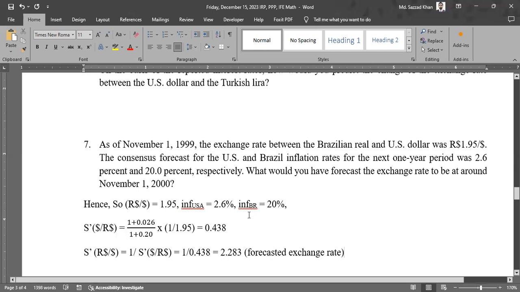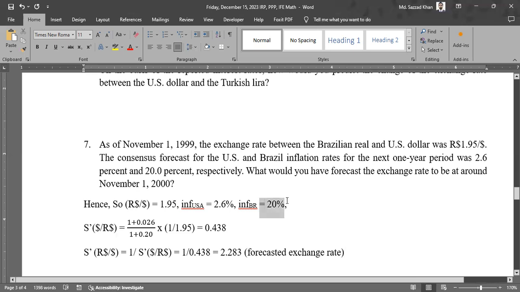Before this inflation takes place, we have to pay 1.95 Brazilian real for each dollar. But after the inflation takes place, after 1 year, we forecasted the exchange rate will become 2.283, which means for each dollar, you need to pay 2.283 Brazilian real. So Brazilian real will depreciate and US dollar will appreciate.